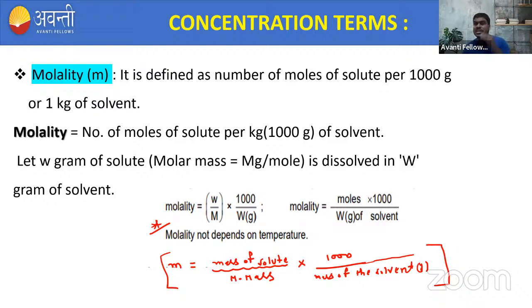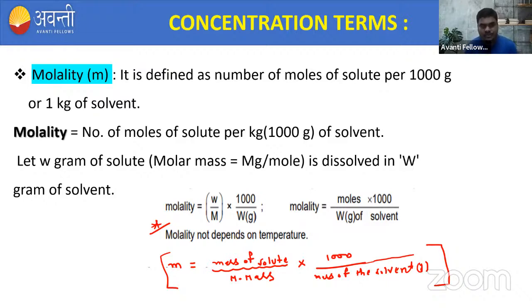So we want such concentration terms which are not affected by the temperature. Otherwise, our calculation becomes disturbed. So we use only molality, not molarity, in colligative properties, because they are all temperature dependent, and molality does not change with the temperature.